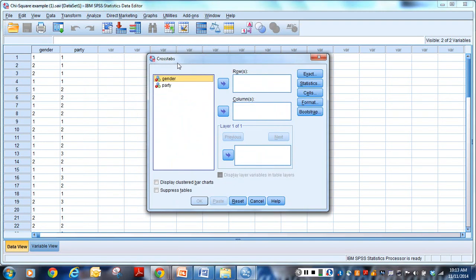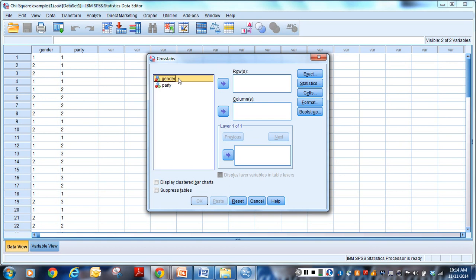Now, let me just tell you that I'm going to be selecting just a few less options than our book is selecting. So I'm just simplifying the process just a little bit. If you would prefer to follow the step-by-step procedure in your textbook, which is very, very similar, however, I'm just eliminating a couple of options in SPSS just to simplify the process, but either would be correct.